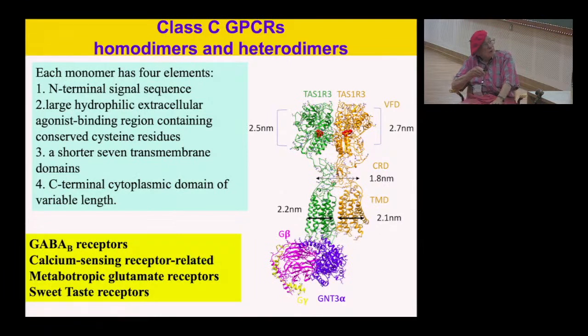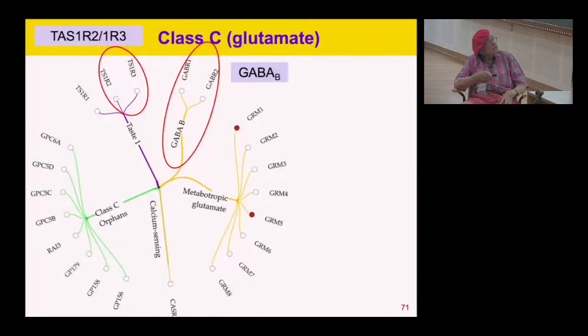There's a pair of them, identical, so it's a homodimer. The G protein binds to one of these ends, and the sucrose binds first. The G protein comes up, and the sucrose is already there. It falls down and gets activated. So we've done the simulations on that.